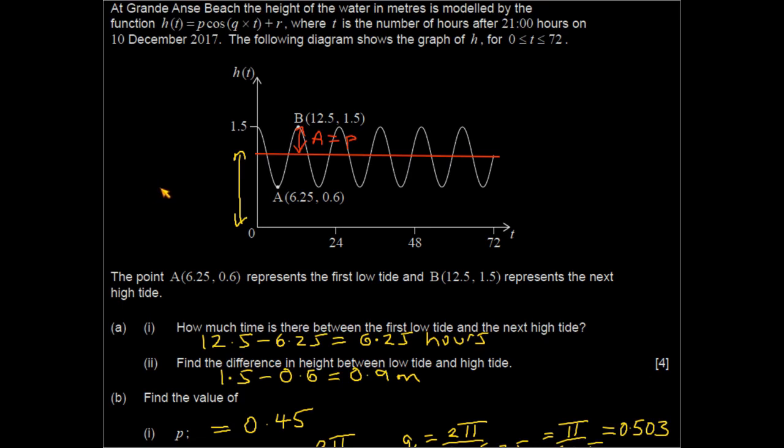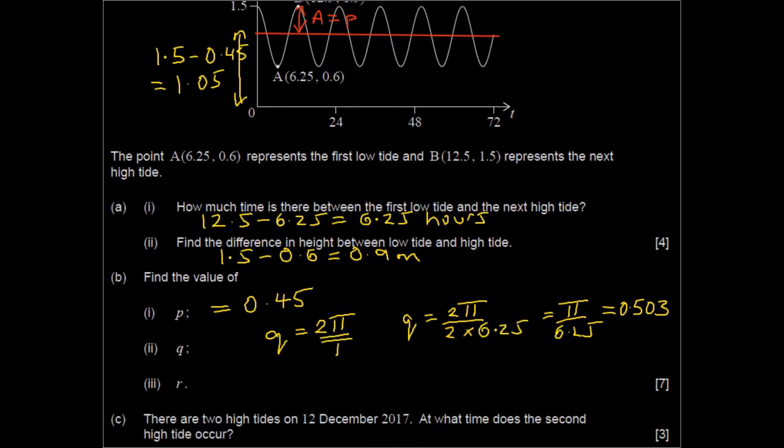So it's going to be 1.5 minus 0.45, which is going to equal 1.05. Likewise I could have done 0.6 plus 0.45, which would give me the same thing. So r is equal to 1.05. All right.